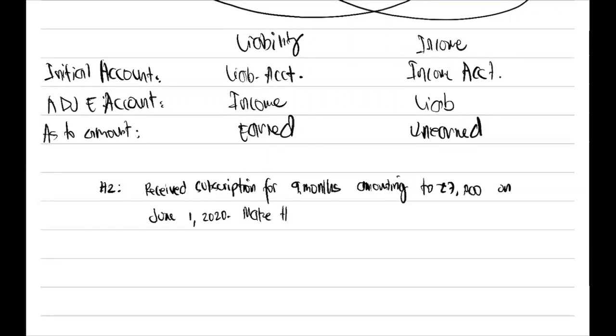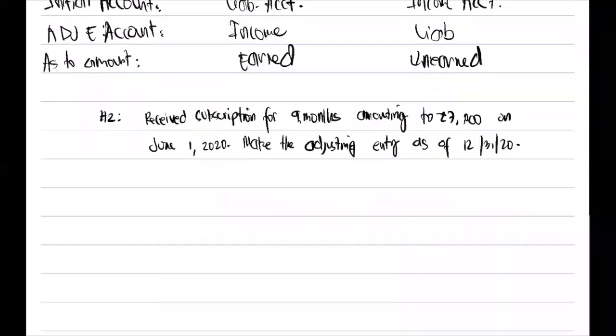Make the adjusting entry as of December 31, 2020. So receive subscription for 9 months amounting to 27,000 on June 1, 2020. Make the adjusting entry as of December 31, 2020.